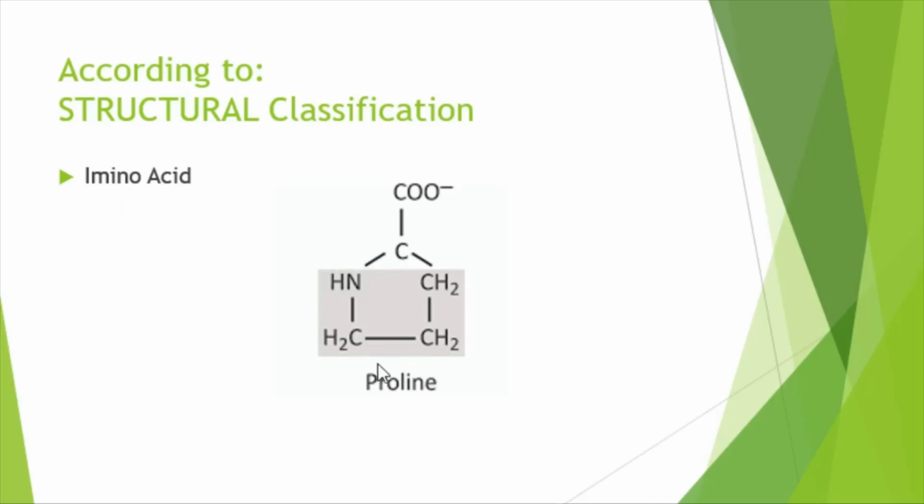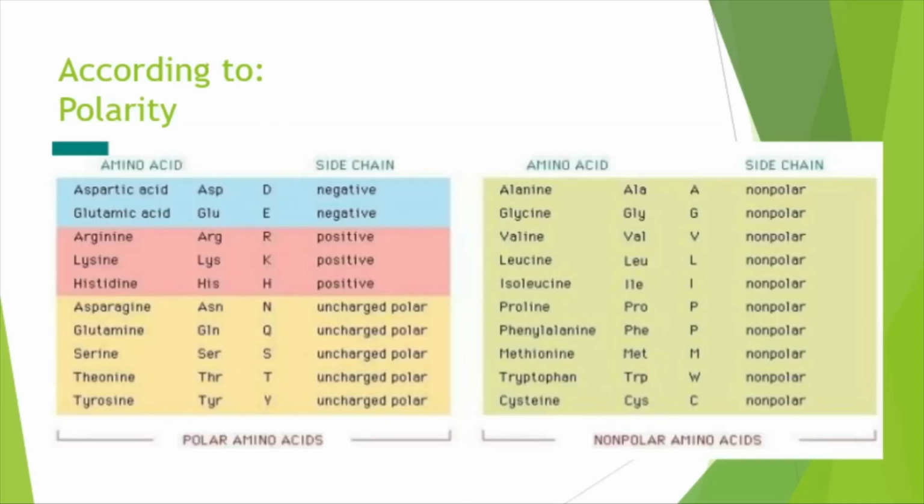Okay, so this is your proline. As you can see, this is the group of your amino acid, right? So this is the amino acid structure. So it is attached to hydrocarbons in both ends. So that's your amino acid, which is protein.